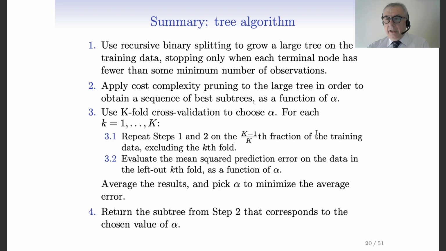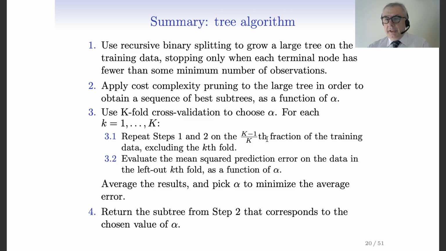Now, however, I need to select the value of alpha, and I do this by k-fold cross-validation, and I proceed in this way. For k equal 1 to capital K, I repeat steps 1 and 2 on all my training data except 1/k.